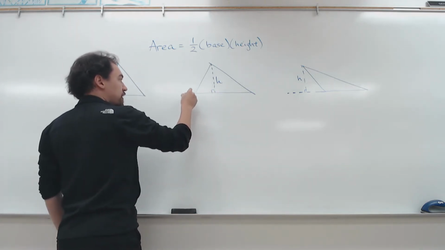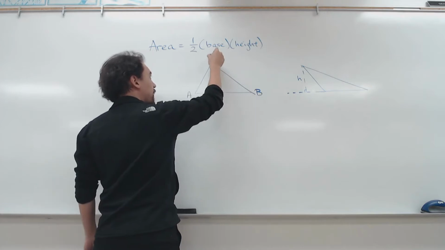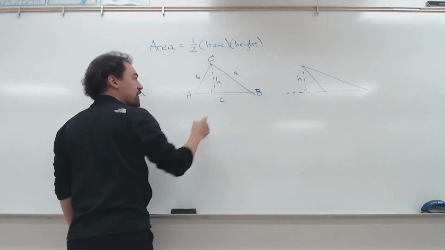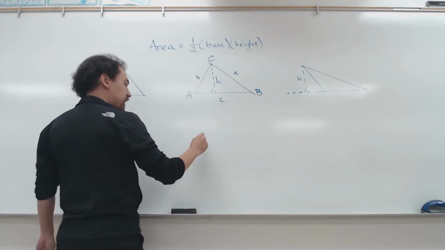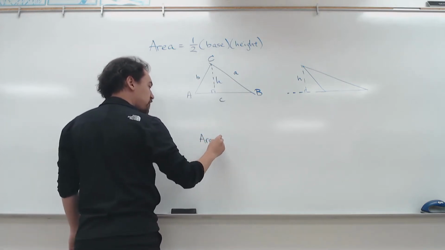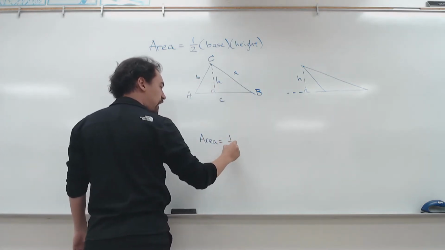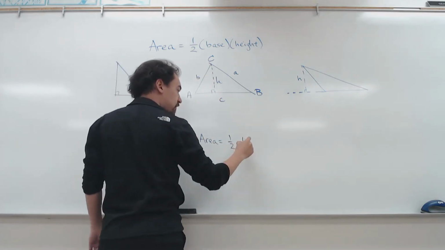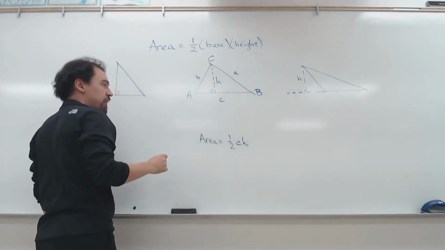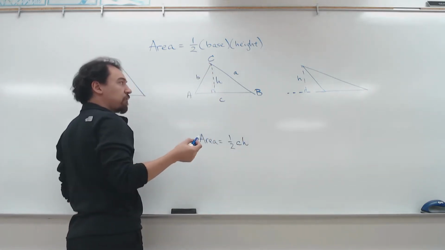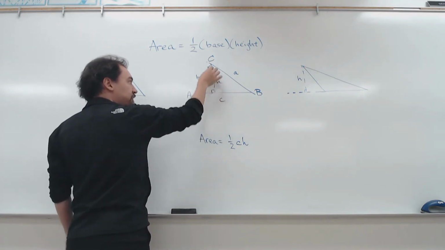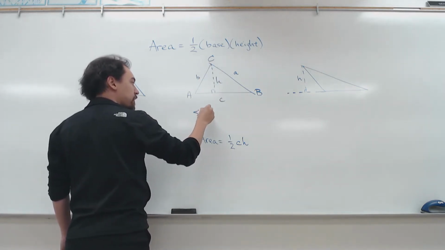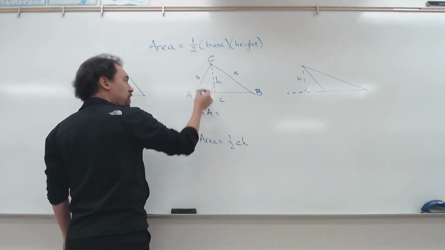If we label these capital A, capital B, and capital C, as we did before, and then across from those, lowercase a, lowercase b, and lowercase c for the side lengths, we can say that the area of this triangle, the acute one, is 1/2 times the base, which is the length c, times the height, which is the length h. And then, as we did for the law of sines, we took this right triangle and said sine of angle A is equal to opposite over hypotenuse.